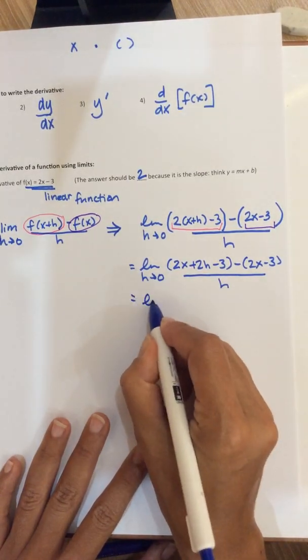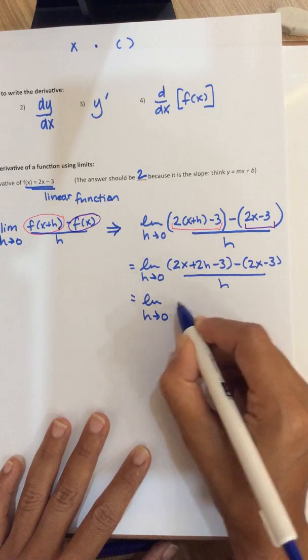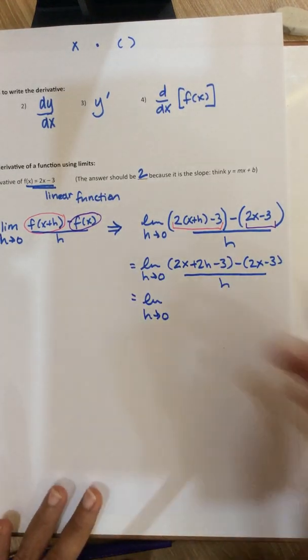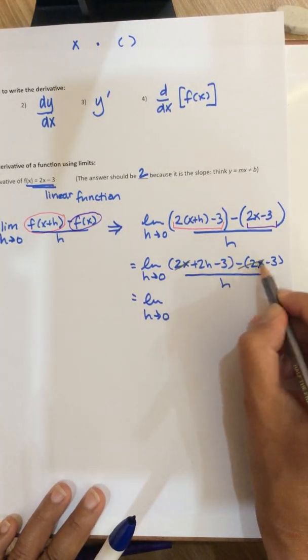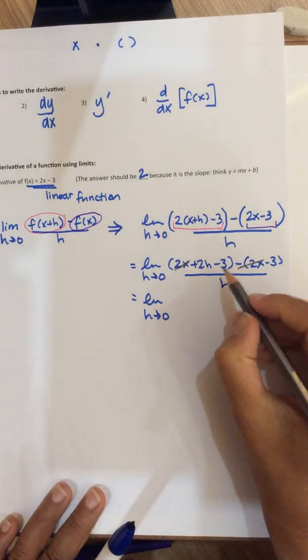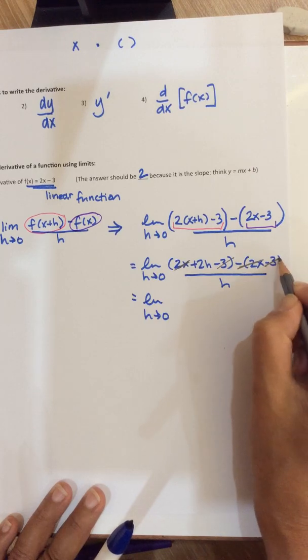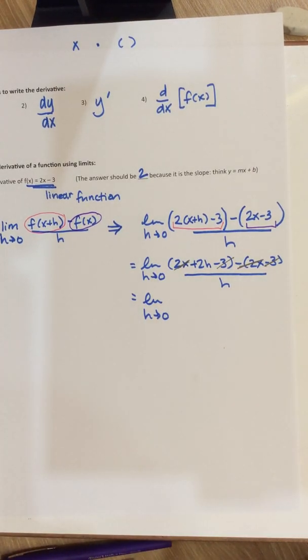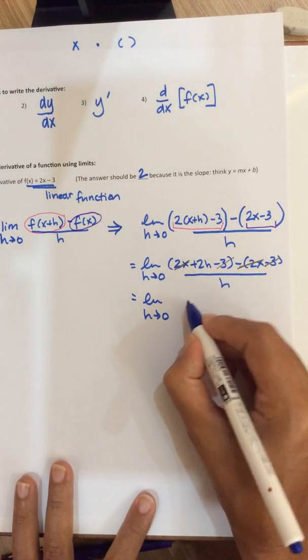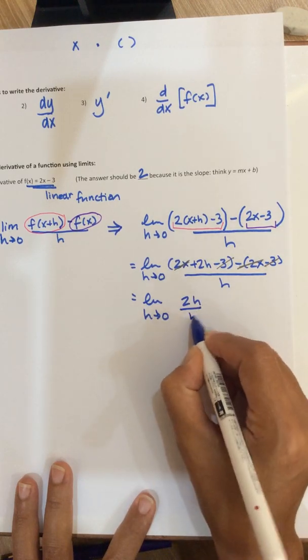So let's keep going. Does anything cancel out here? Yeah, 2x take away 2x goes away. Minus 3 minus minus 3 is negative 3 plus 3, that goes away. So all that I'm left with up there is 2h, and I still have h on the bottom.